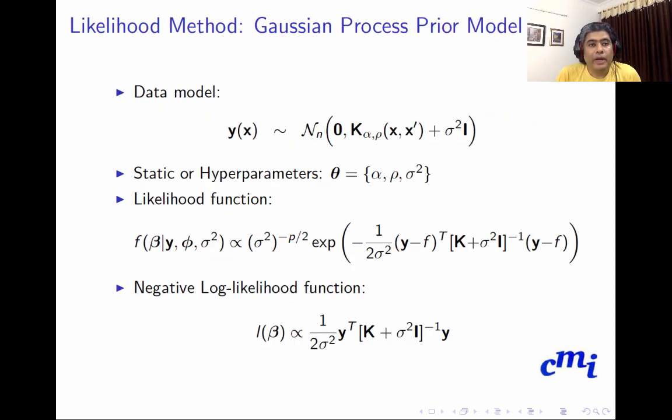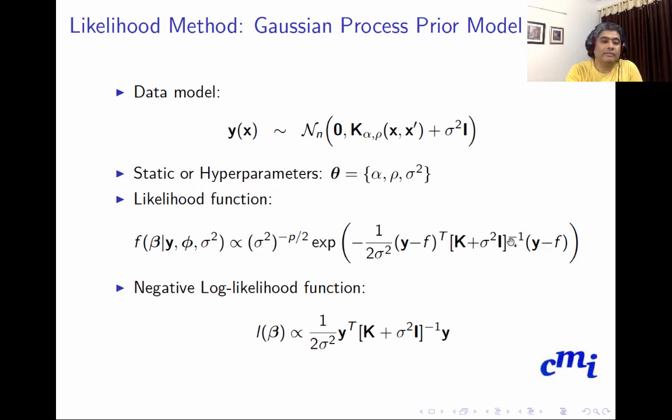So my data model is that y given x is coming from a multivariate normal with mean 0 and some covariance function plus sigma square I. So we now have static parameters alpha, rho and sigma square, and alpha and rho correspond to the covariance function. Typically we take a radial basis function, also known as the exponential function, and you write down the likelihood function.